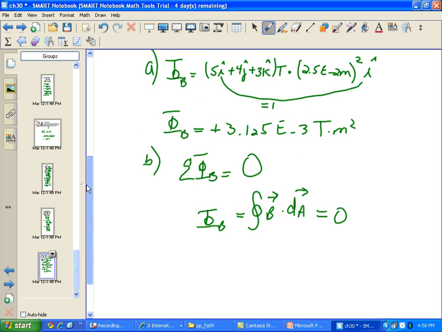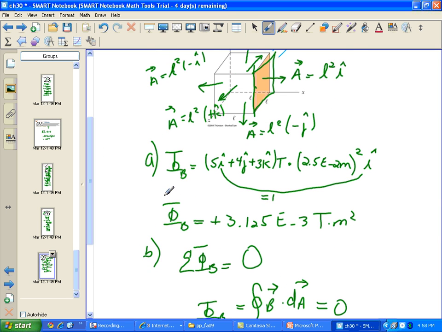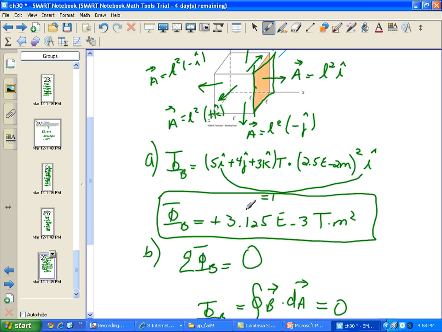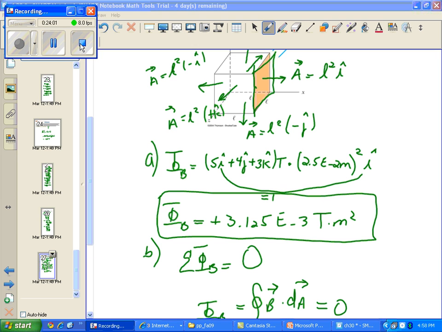When the surface is open, however, we do get a flux, and that's why this was non-zero. But as soon as we consider the flux through a closed surface, the net flux will be equal to 0. Well, this concludes the last part of the problem-solving session for Chapter 30. Until next time.